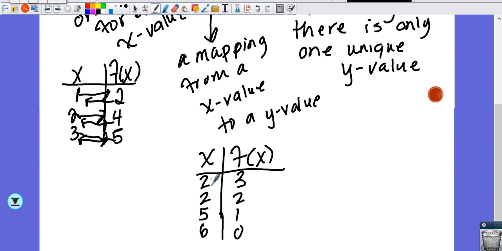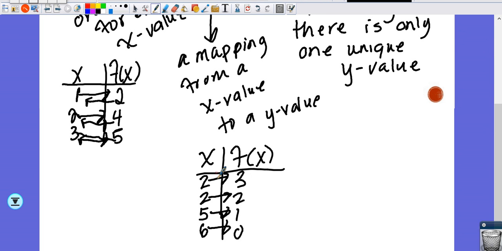All right, so this is definitely a relation. The inputs go to an output. However, this is not a function because the 2 is repeating itself and it's going to two different numbers. It's going to a 3 and a 2. So this is not a function because the 2 is repeating on the x side and is going to two different values on the y side.